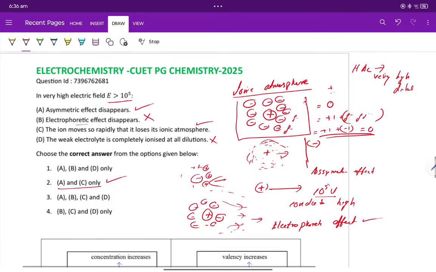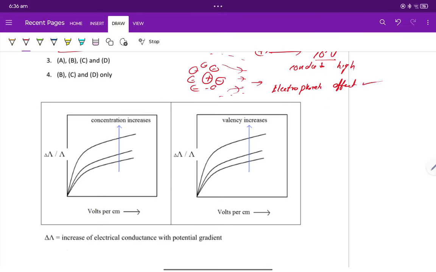Now I will show a graph of the increase of electrical conductance with potential gradient. You see here I am increasing the potential gradient, and as the concentration increases, the change in the conductance value increases. For the valency also there will be a change.